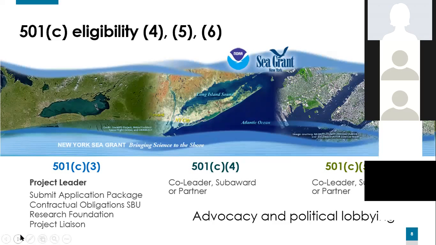What the board is saying is that the 501c3 must be the party that is responsible for making the application and the request. And that would be the party that contracts with Stony Brook University Research Foundation, and this would be the contact for serving as the project liaison.